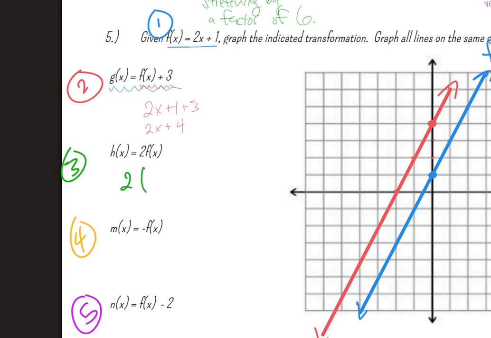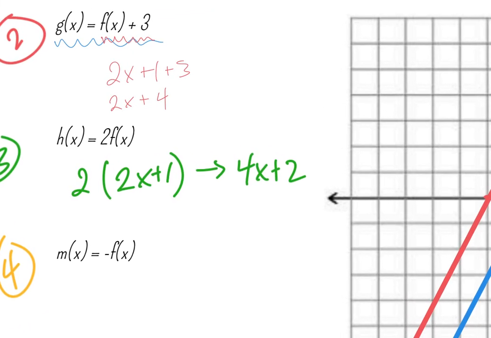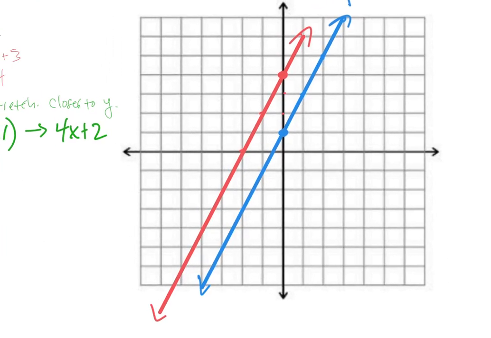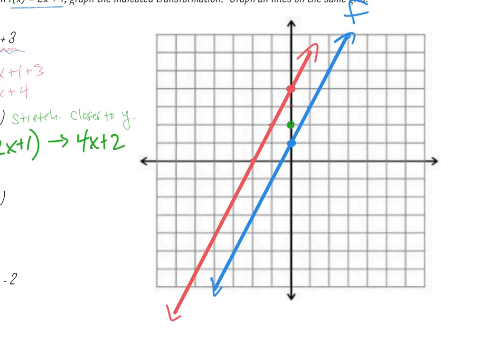This is 2 times 2x plus 1. Well, that would be 4x plus 2. So if you're not really sure how that would have changed, we multiplied the output by 2. This is a stretch, which gets us closer to y. So here we go. We have our y-intercept of 2 right there.